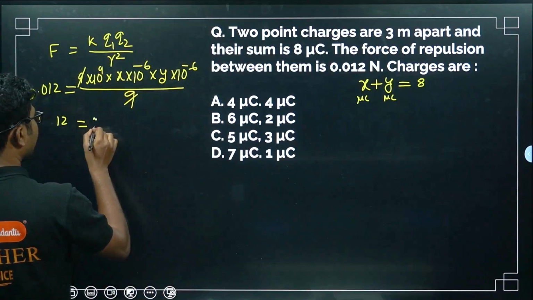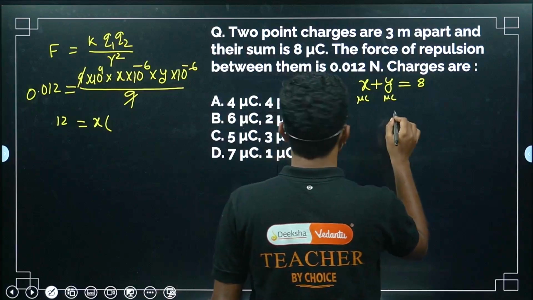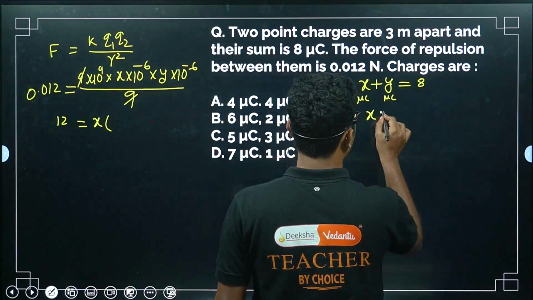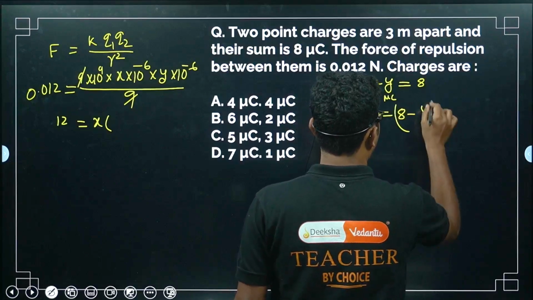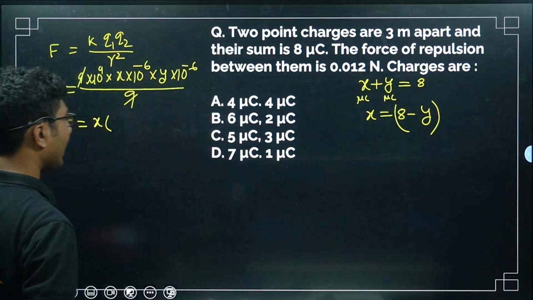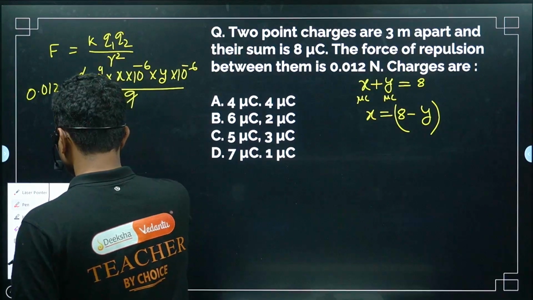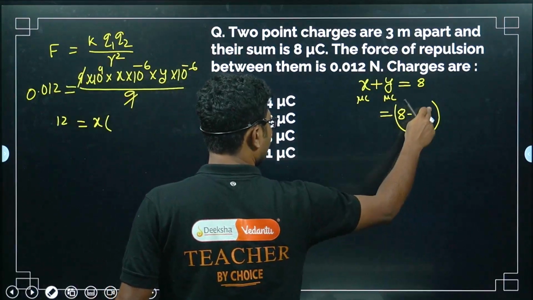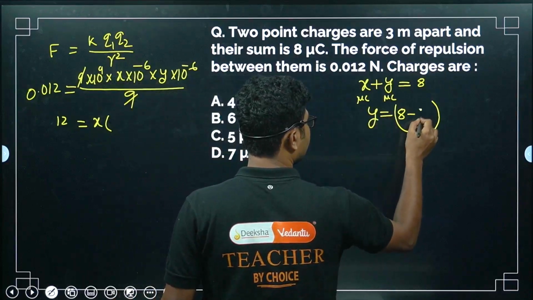Now, x times y. We are trying to find x and y both. So y is equal to 8 minus x, right?